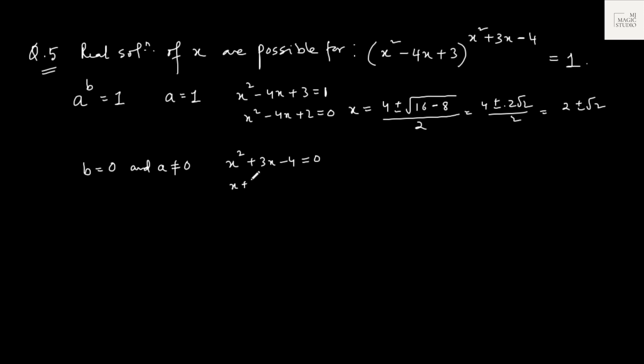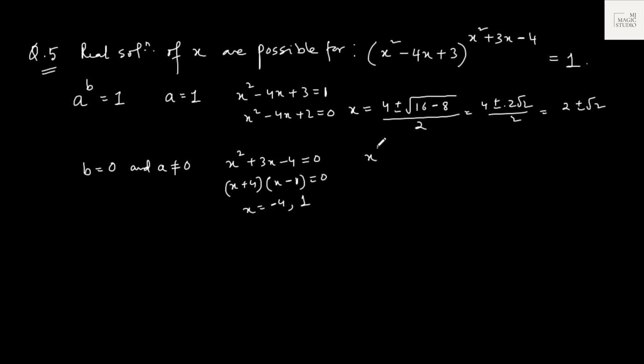What will we get? x plus 4 into x minus 1 is equal to 0. Yes? x square plus 4x minus x minus 4. So here we'll get x is equal to minus 4 and x is equal to 1.